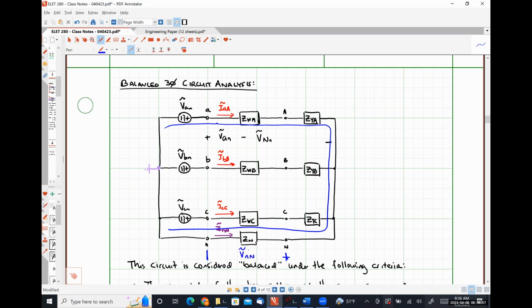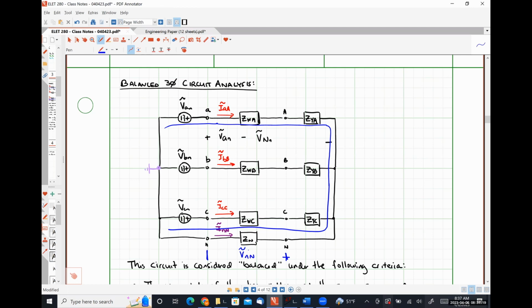And I've completed my path. So the voltage drop across those series connected impedances, the line impedance and the load impedance, is simply VAN minus V capital N lowercase n, according to Kirchhoff's voltage law around that loop.